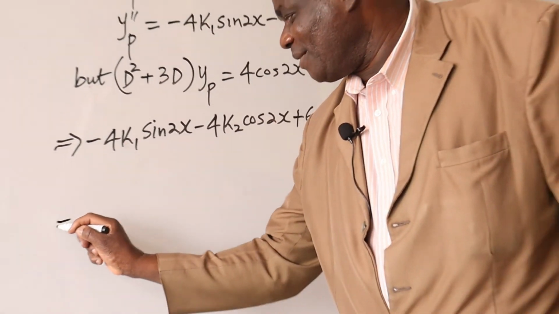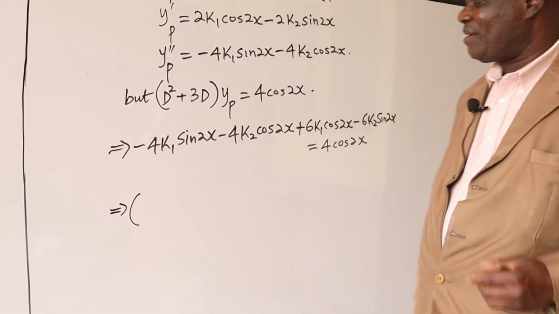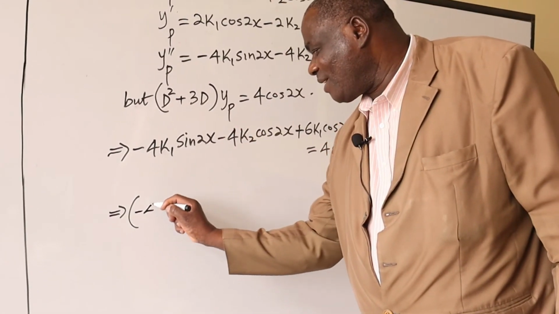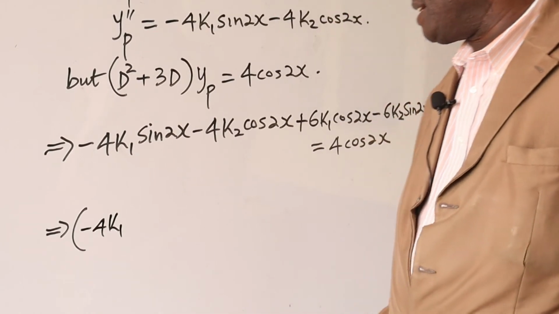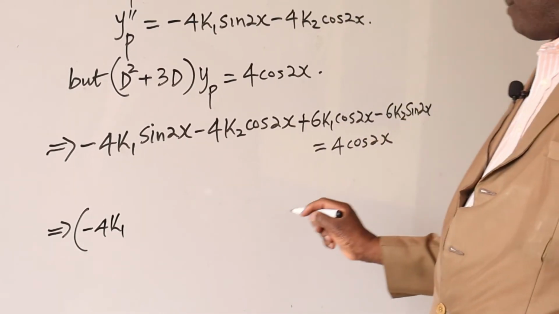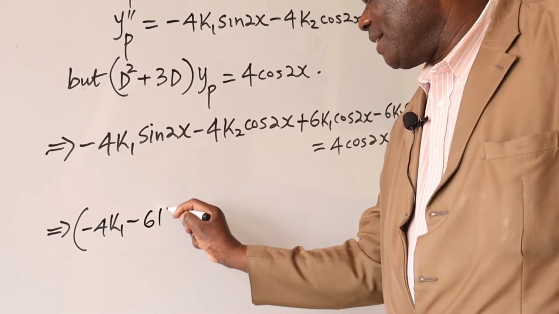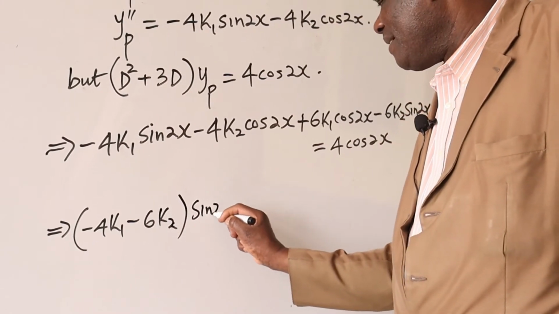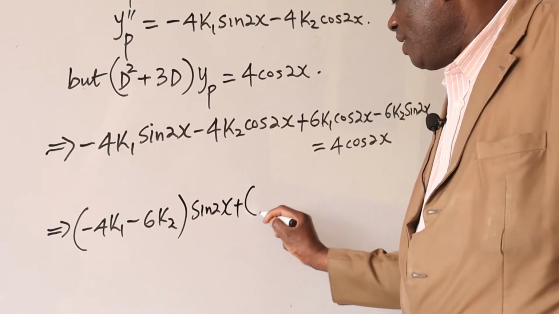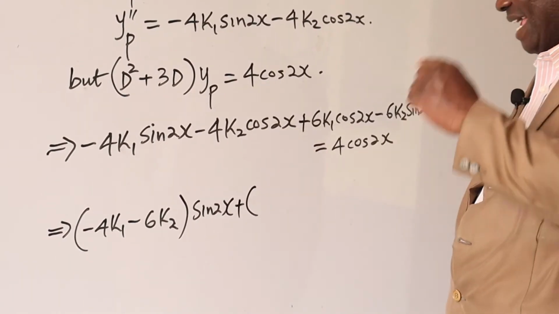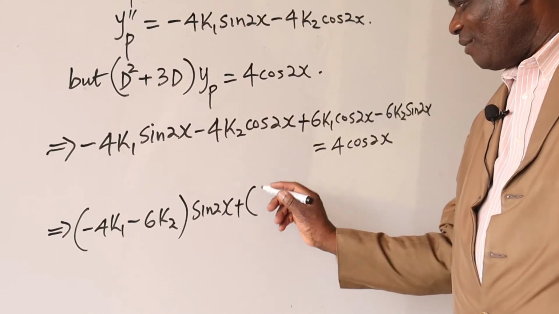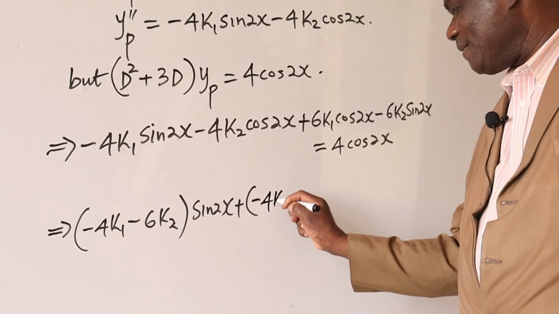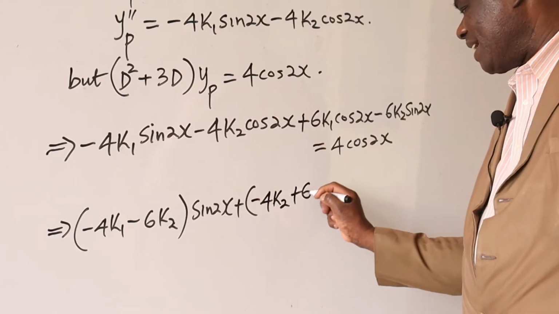So this implies, let's collect terms that multiply sine 2x. We can see minus 4k1 is multiplying sine 2x, and minus 6k2 is also multiplying sine 2x. Plus those terms that are multiplying cos 2x: the coefficients of cos 2x are minus 4k2 and plus 6k1.